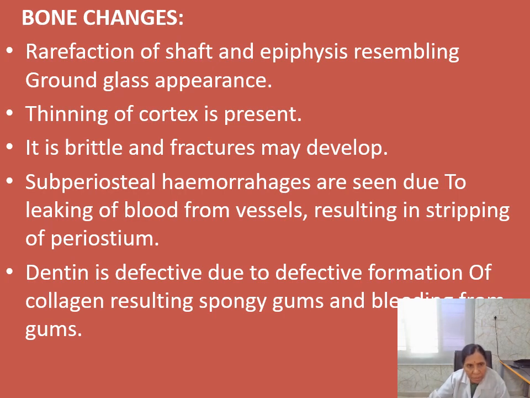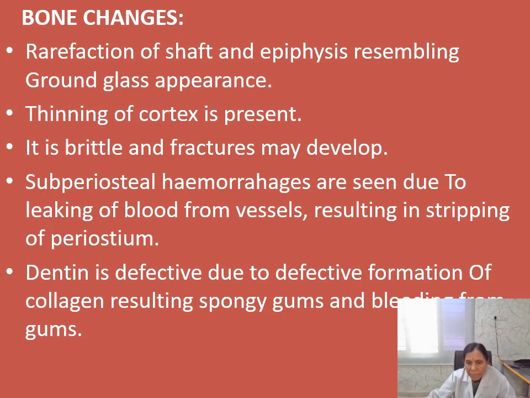Thinning of the cortex is present, and it is brittle and fractures may develop. And subperiosteal hemorrhages are seen due to leaking of blood from vessels, resulting in stripping of the periosteum. Dentin is defective due to defective formation of collagen, resulting in spongy gums.